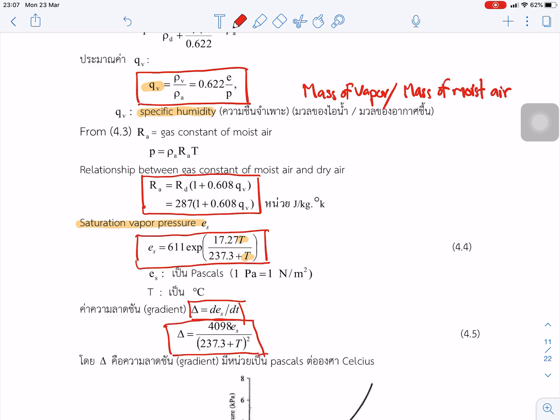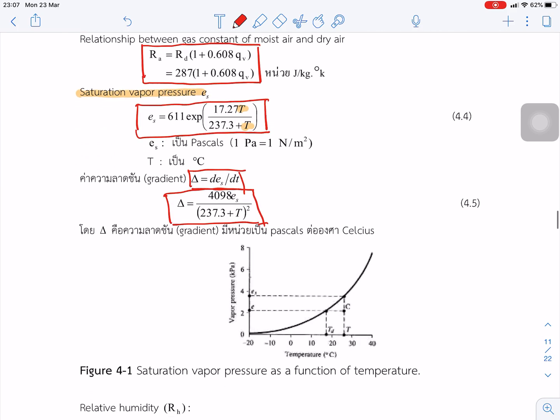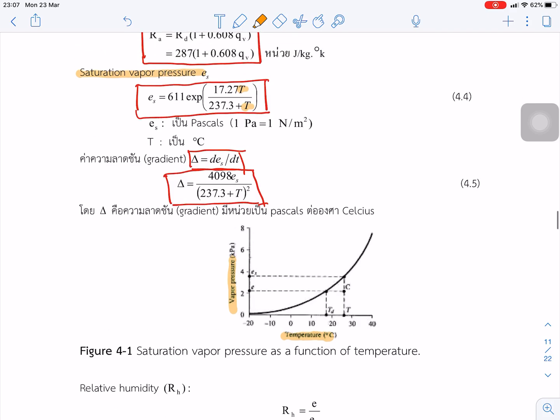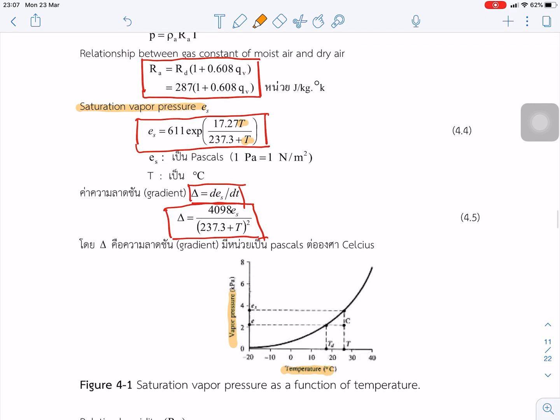We can use this equation later. This curve shows the relationship between temperature and vapor pressure. It is plotted from this equation. Is that an exponential function?